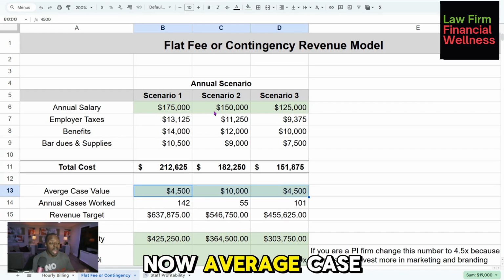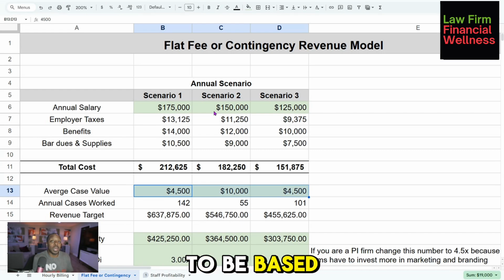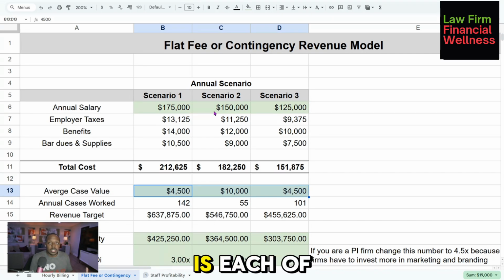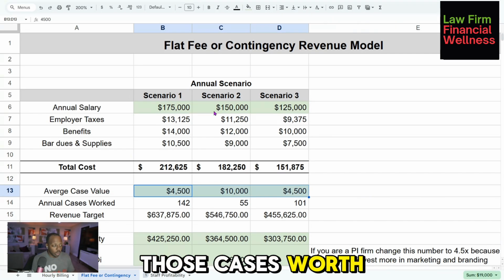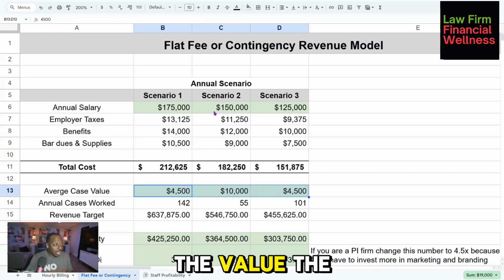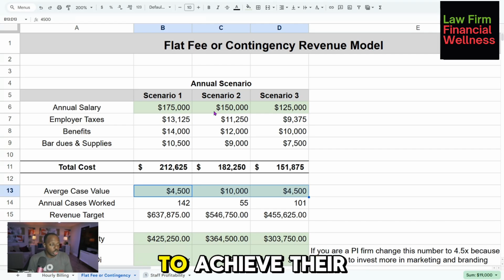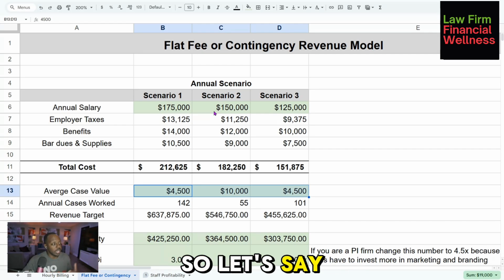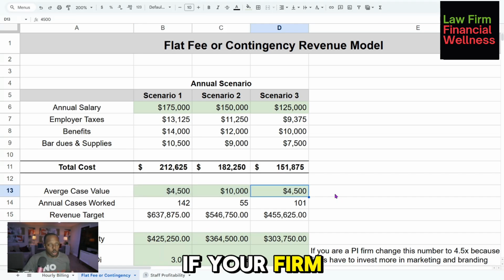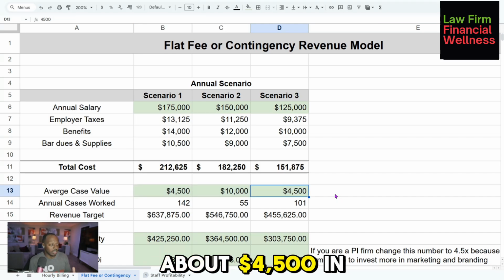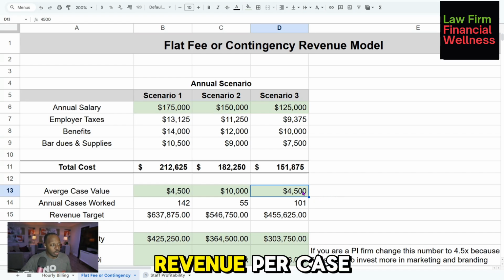Average case value is based on looking at the types of cases that you usually support, like how much each of those cases is worth? And the higher the value, the lower the number of cases they have to support to achieve their goal. So let's say in this case, your firm's average case usually brings in about $4,500 in revenue per case.